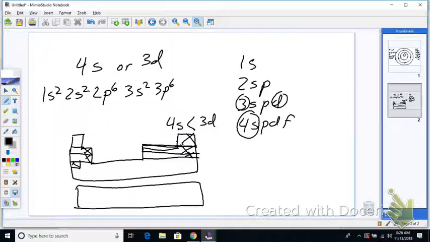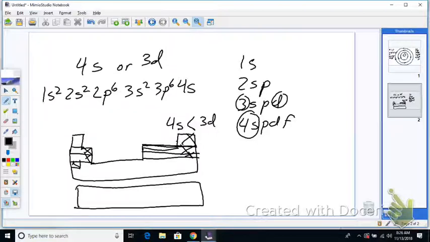Okay, I have 1 left. If I count up, I have 2, 4, 10, 18. I've got my 19th electron. It's over here. So these are the what? s's. What level are s's? 4.